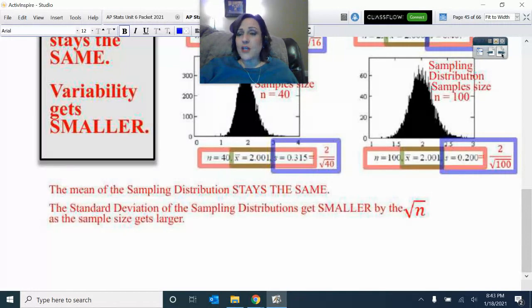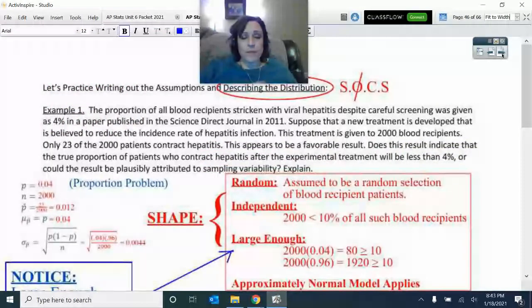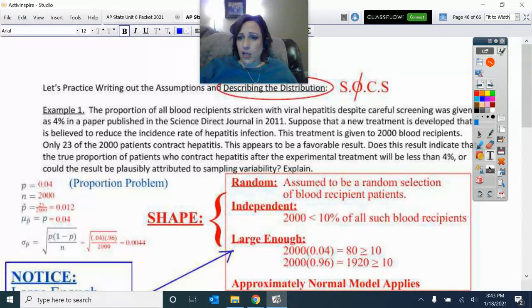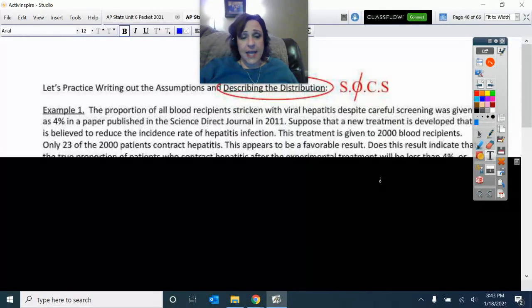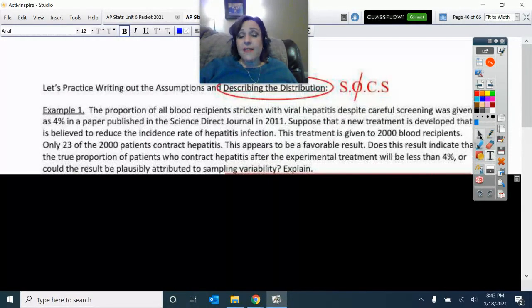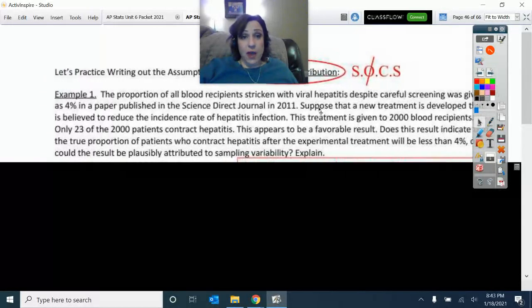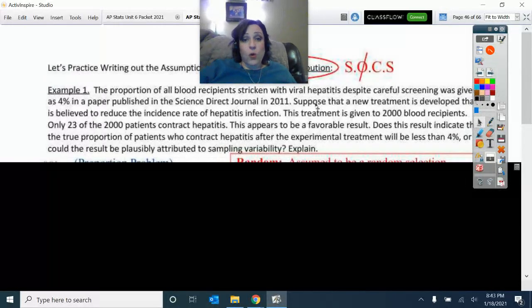Okay, so how does this really look with a problem? What you're going to do on your assignment, and what you'll practice today, is writing out the conditions. These are actually on problems that you have already done, question 2.